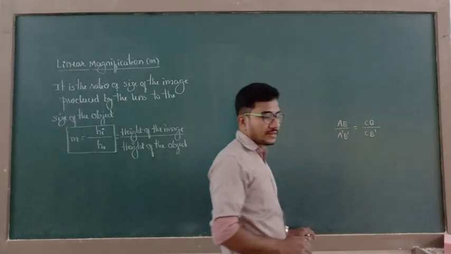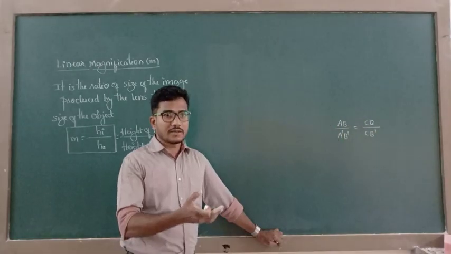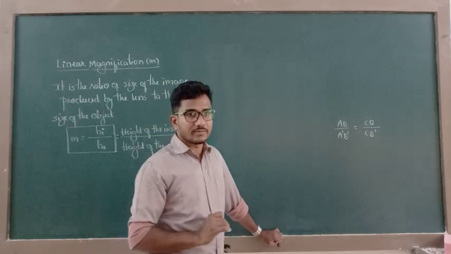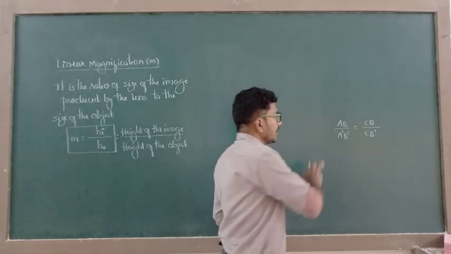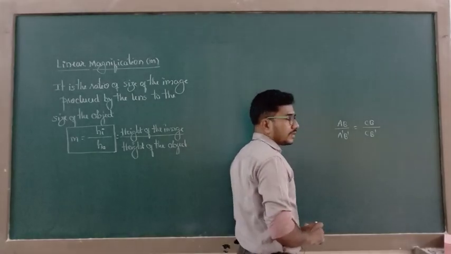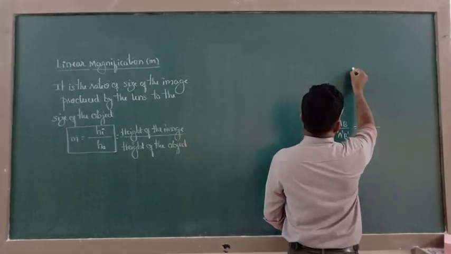You just recall the first equation of the last derivation. Here AB represents height of the object.